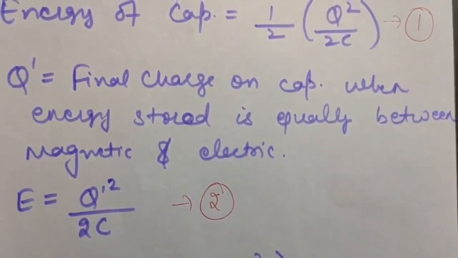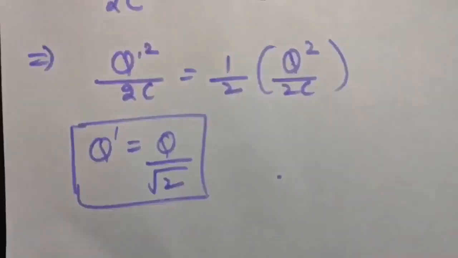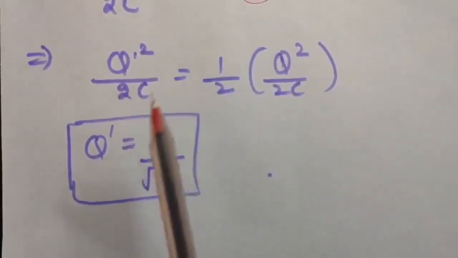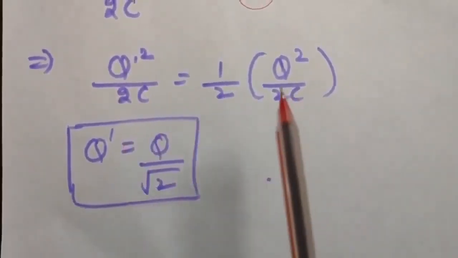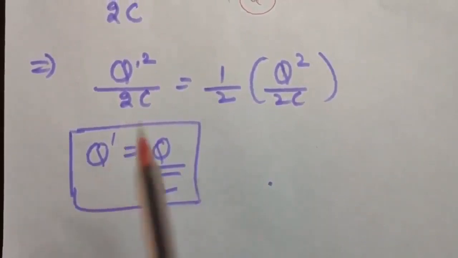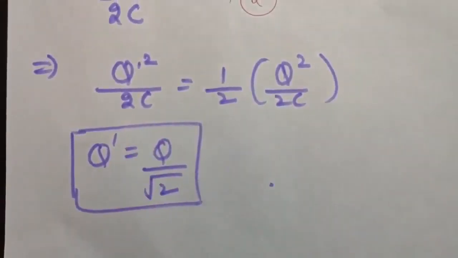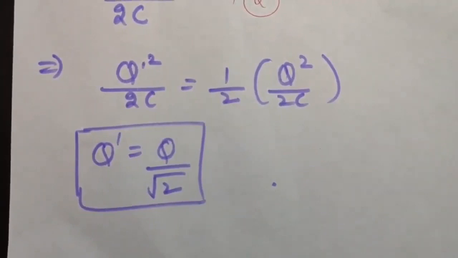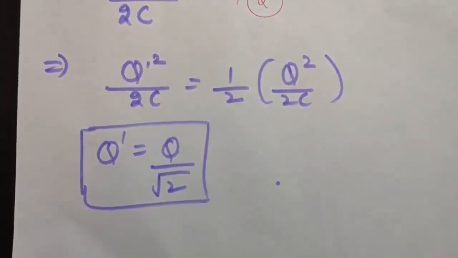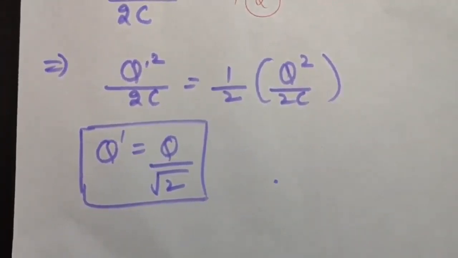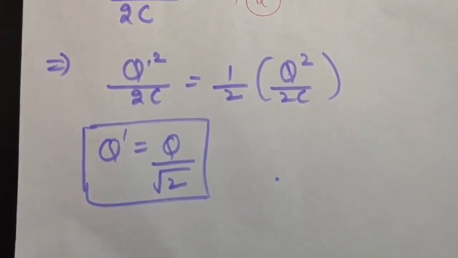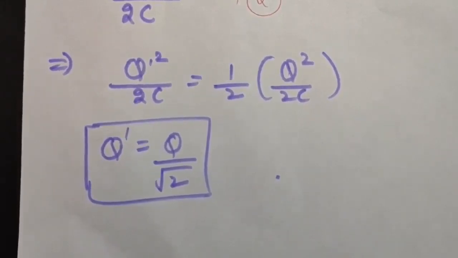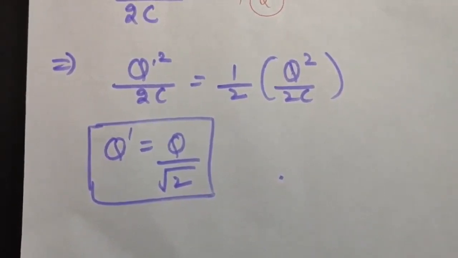So by equating 1 and 2, you get q dash square upon 2c equals half of q square upon 2c. From here 2c will cancel out and the value of q dash will come to be q upon under root 2. So by equating these two equations, we have calculated the final value of charge when the energy is distributed equally between electric and magnetic in LC oscillations.